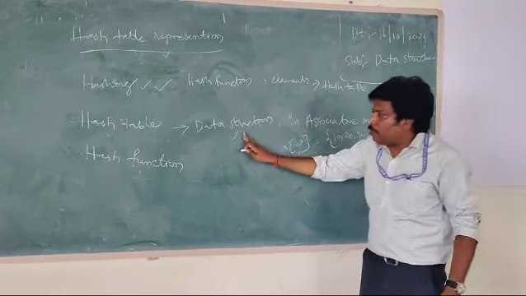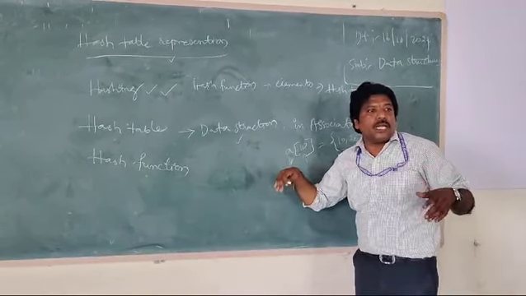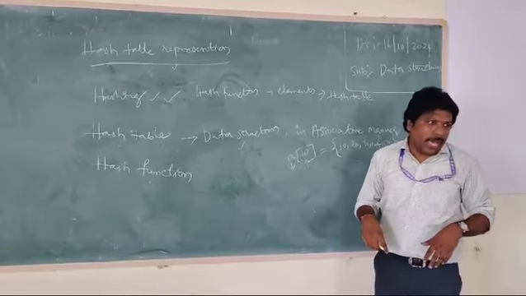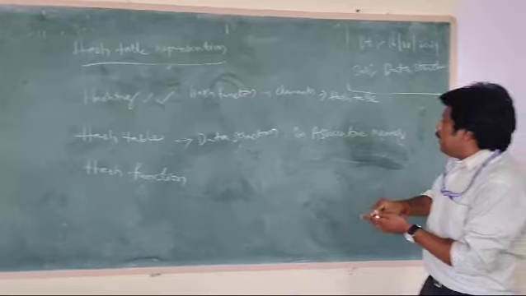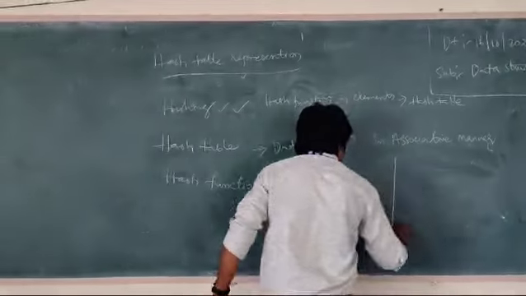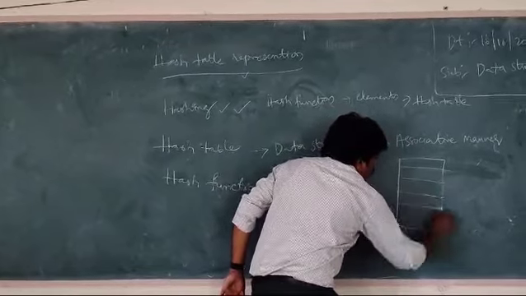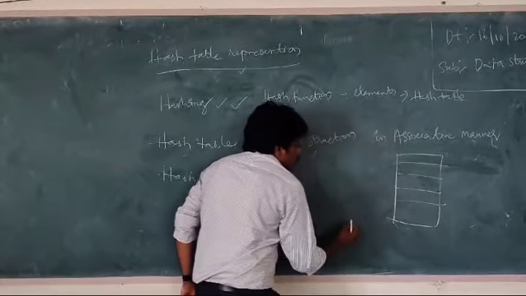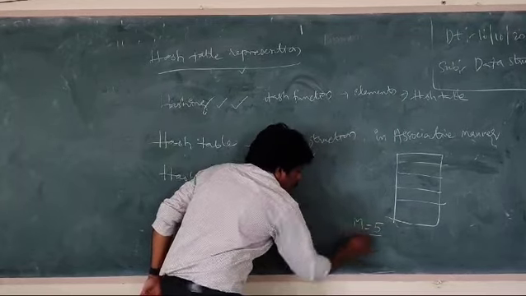So here also, in the hash table, what I said is that we store the elements in an associative manner. There will be a relation here. Let us take this as a hash table. Here the size of the hash table is represented by m and the value is 5.